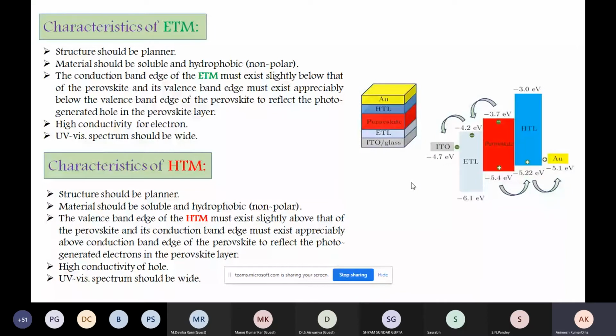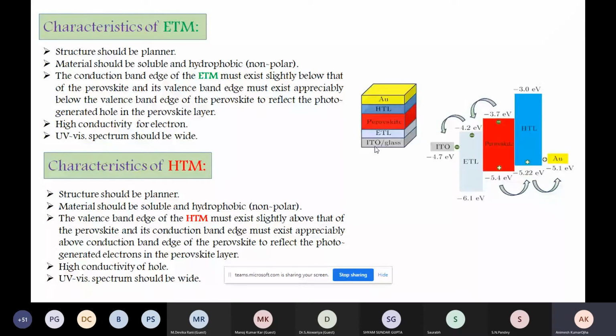The conduction band edge of this molecule must exist slightly below that of the perovskite, and its valence band edge must exist appreciably below the valence band edge of the perovskite to reflect the photogenerated hole in the perovskite layer. It should have high conductivity for electrons, and the UV-Vis absorption must be wide.